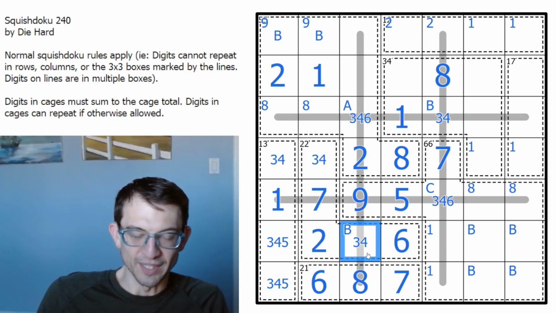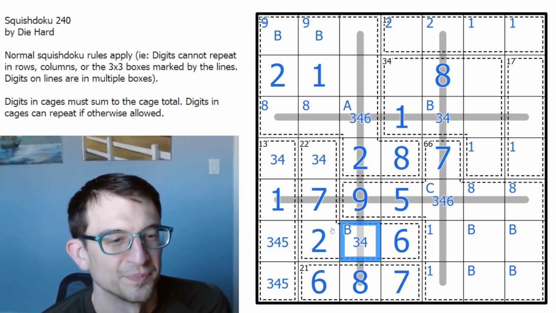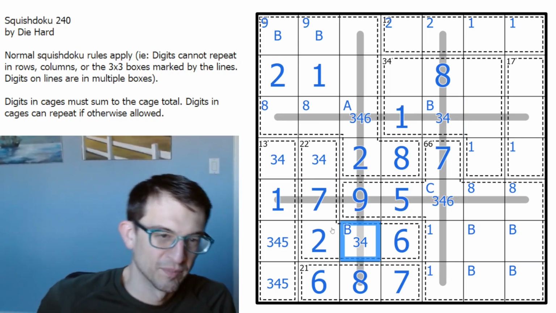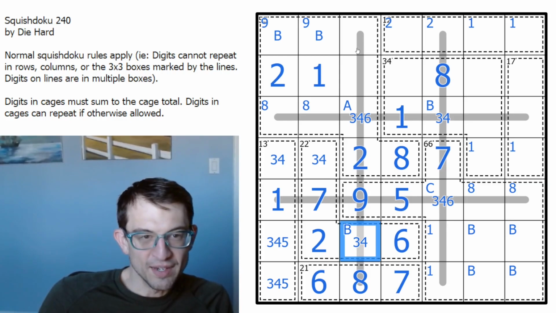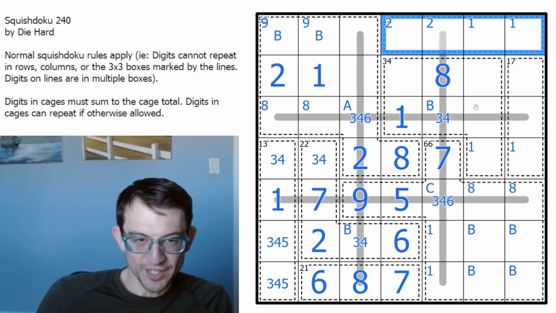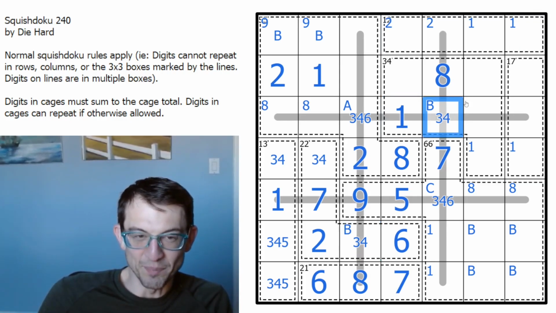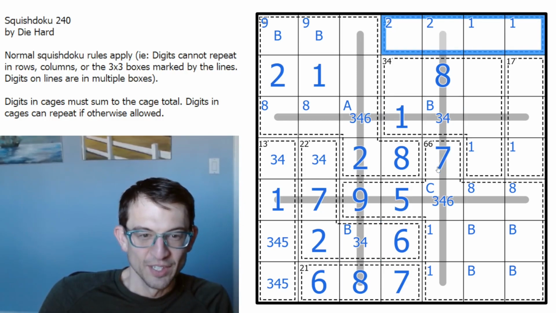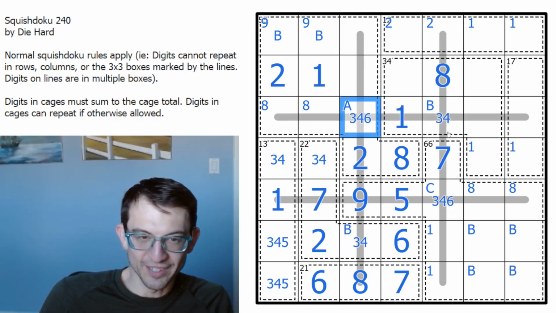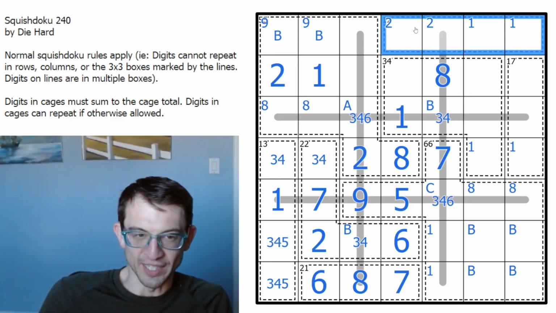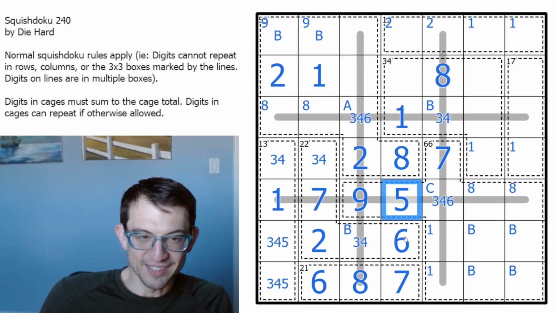So this one I'll label again as B. And then the other thing to recognize here is that B is not anywhere here. So whatever is not here, 3 or 4, is going to go up here along with 5 or 6. And 5 and 6 do not go here.